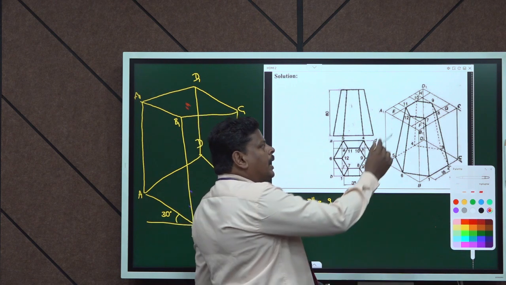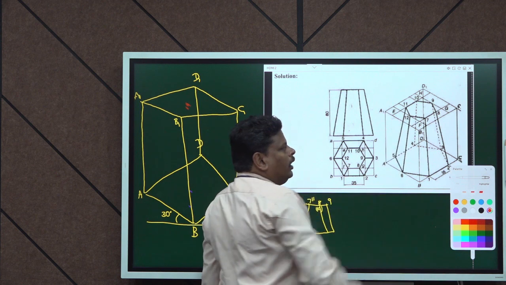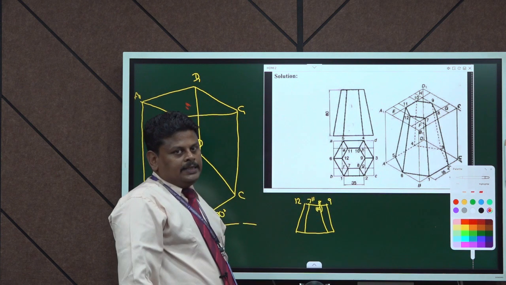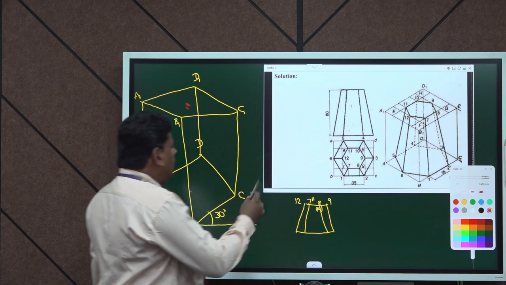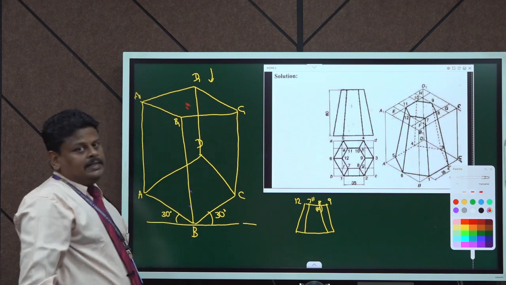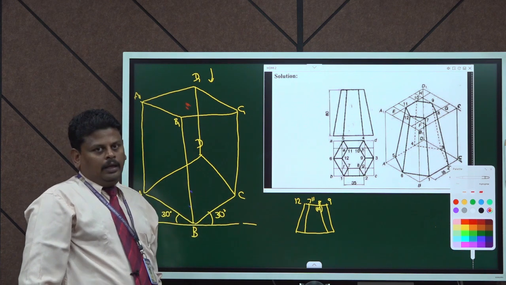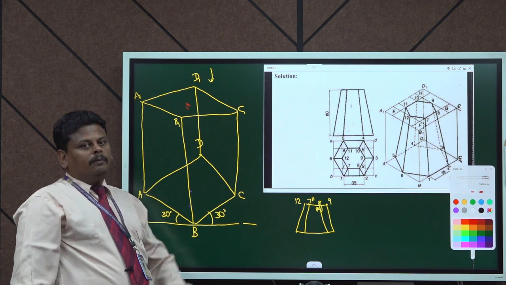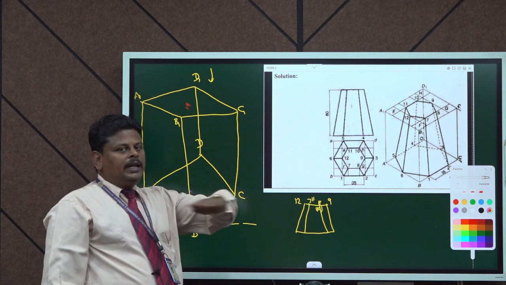After marking all the cutting points 7, 8, 9, 10, 11, 12, we can join them by continuous lines, because in the top we will be able to see all the edges, as the solid is cut in a horizontal way. It is a horizontal cutting plane, so the solid will be cut using a horizontal cutting plane.